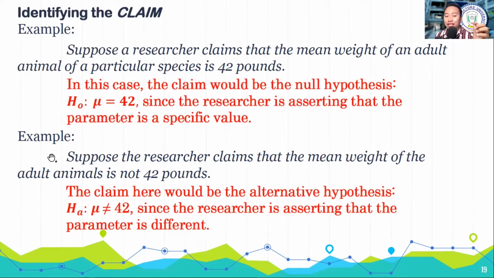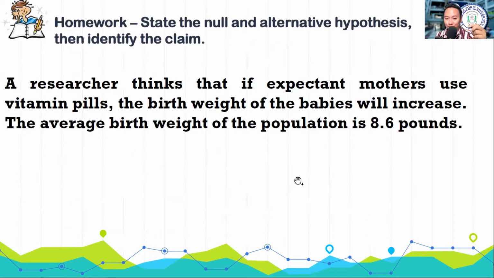Now, for this example number 2, our null hypothesis would still be equal to 42 because the null hypothesis would tell us that there's no difference. But here it tells that the mean weight of the animal is not 42. In other words, not equal to. So it clearly shows that the alternative hypothesis is not equal to 42.